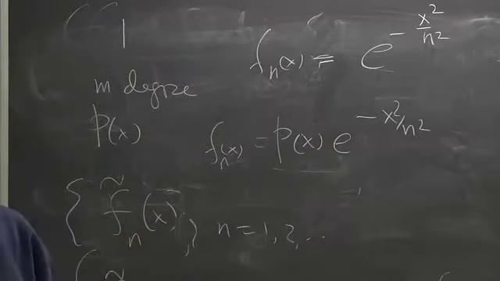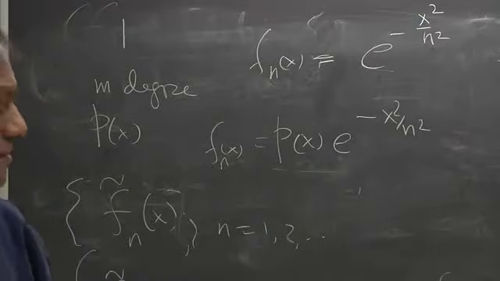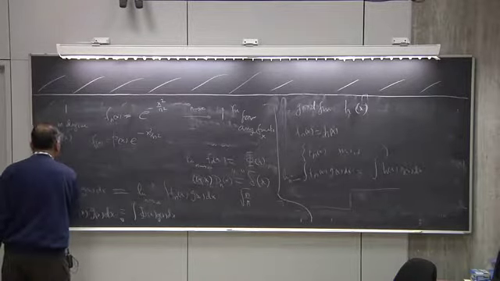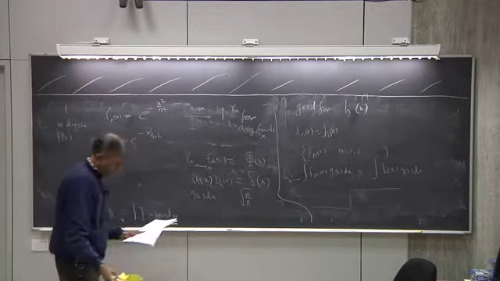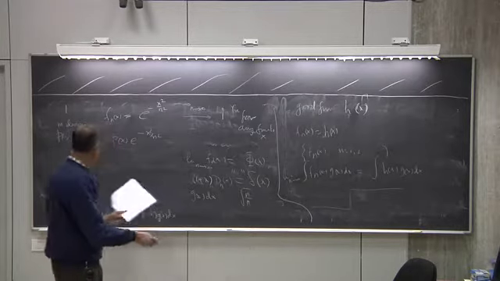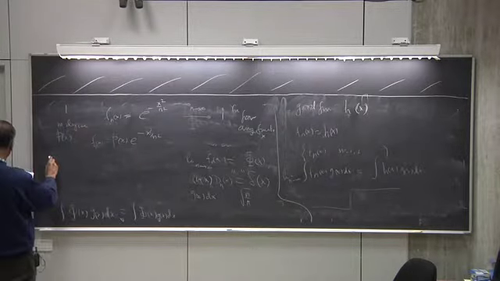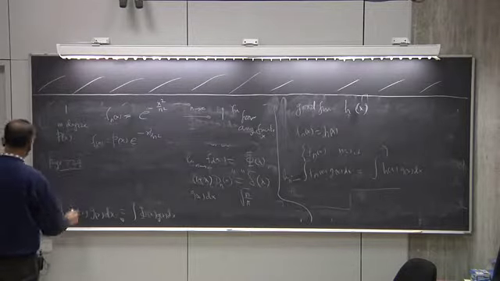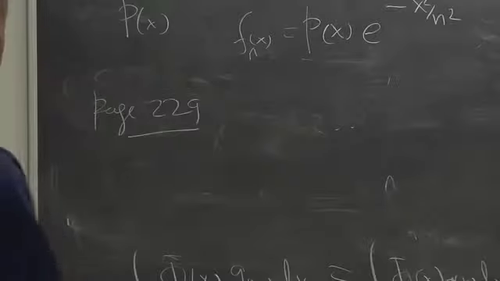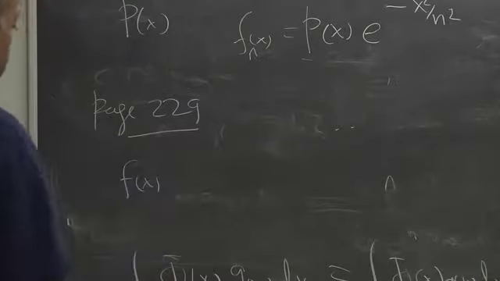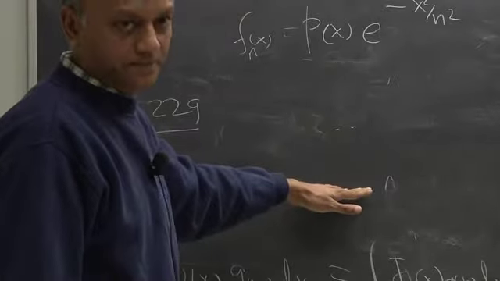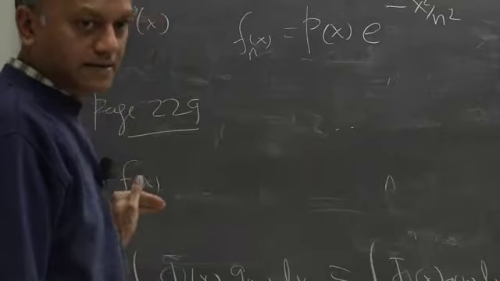In fact, you can even do more than that. I will not go into this, but you can even do a bit more than this, and that's worked out in the equation on page 229, where basically you can even take some functions f of x which need not be infinitely differentiable, but you can still write down a corresponding sequence which converges to that.